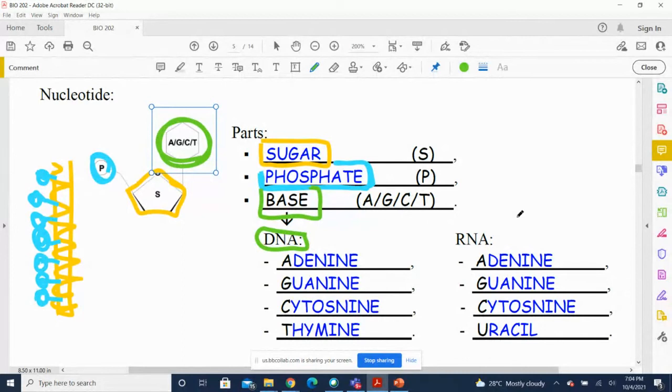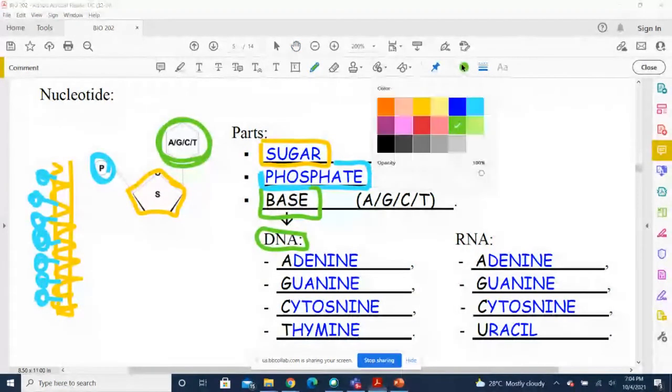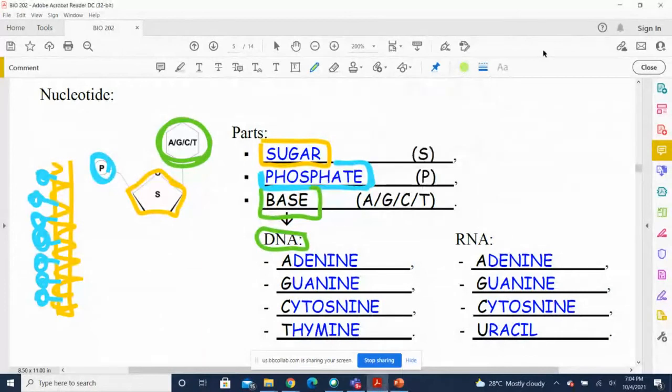And we'll talk about how these are complementary pairs, so one always matches with only one other kind. So they always have to be these matches. RNA is very, very similar, with the exception that rather than having thymine as a base, RNA now has uracil. So instead of T, we have U. And again, we will talk much more about these later in this course.